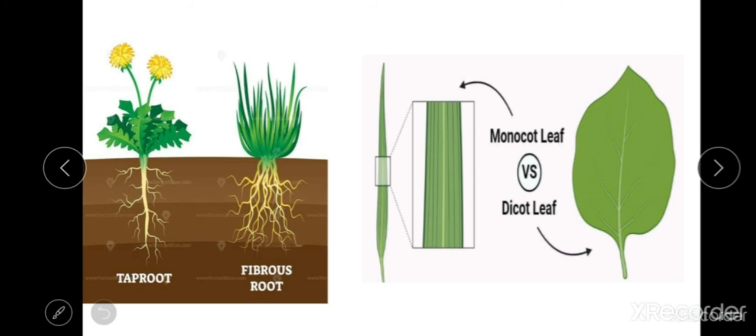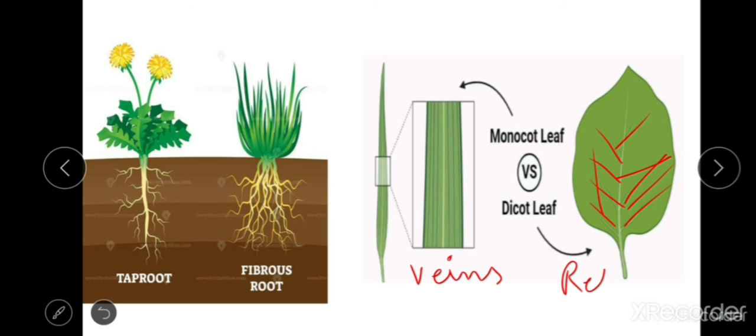These parallel lines are called veins. Whereas you have seen some leaves like guava leaves and bougainvillea leaves, they do have veins, but the veins are scattered and form a network-like structure.